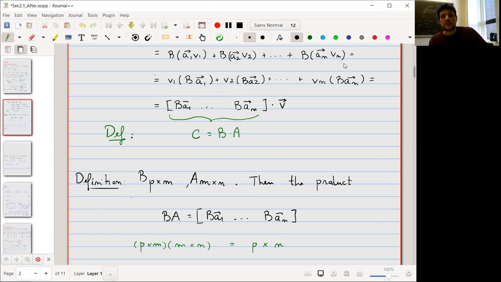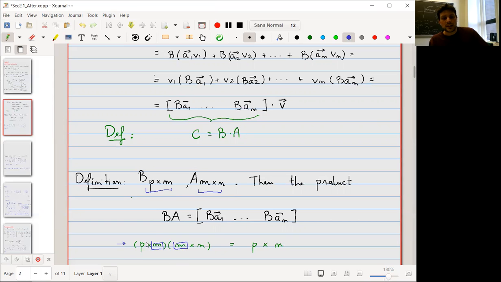Notice that for this definition to make sense, we need some dimensions to match up. In particular, we need the columns of A to have the right size to be able to multiply them by B. A way that I remember this is that if I put the sizes of the matrices next to one another, like I did here, we need these two sizes to match.